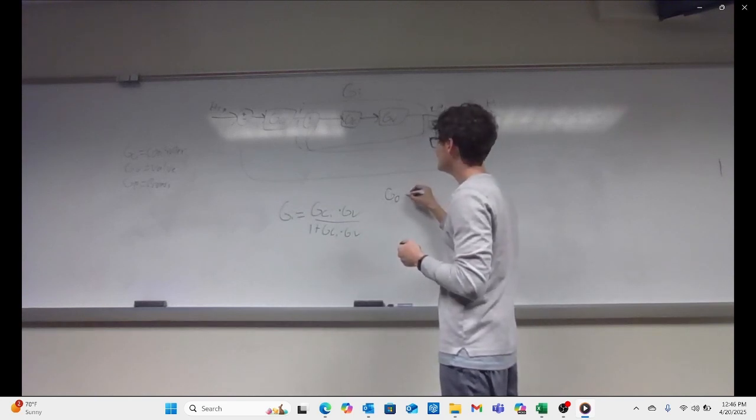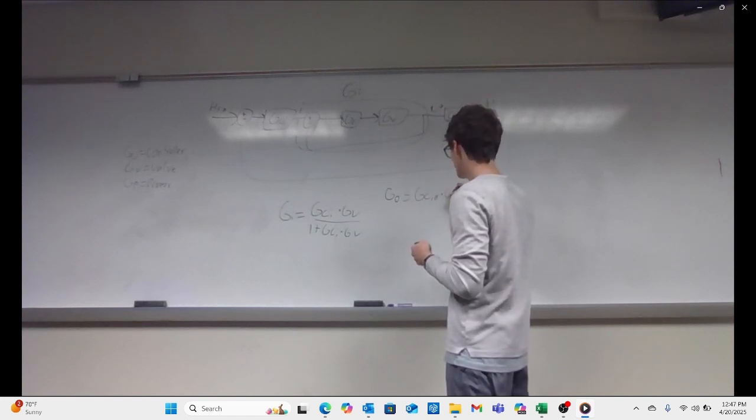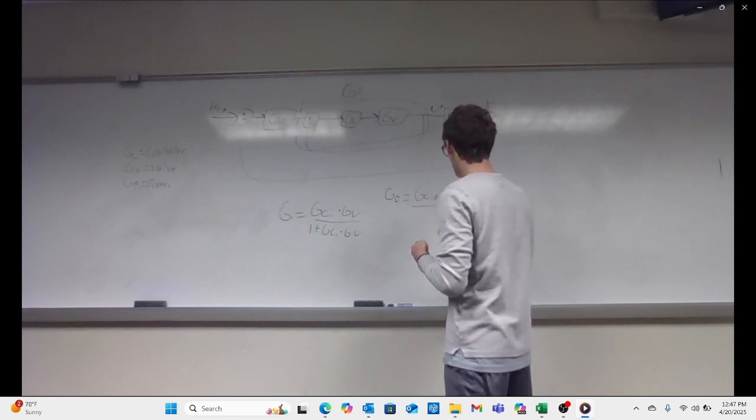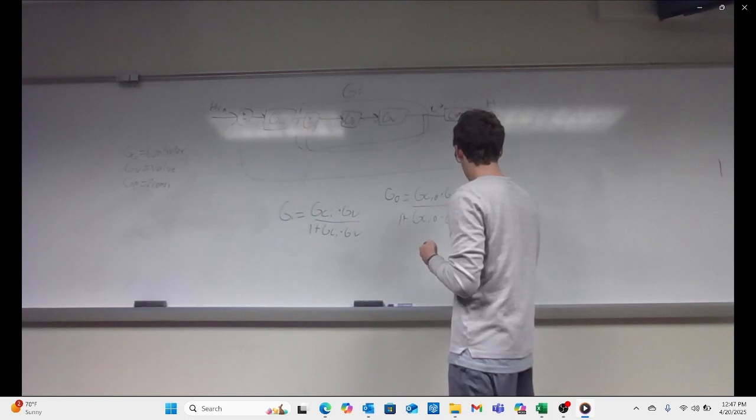Then we have our G outer, which equals H over H set point, and that's going to be GC outer times GC inner times GP, all over 1 plus GC outer times GC inner times GP.